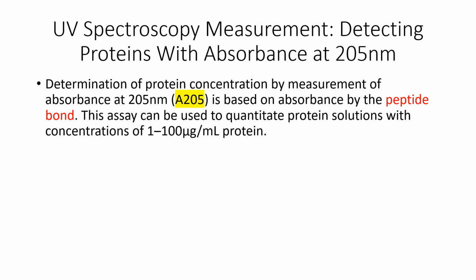This one is more universally applicable than the absorbance at 280, and the absorptivity for a given protein at 205 nanometer is several fold greater than that at 280 nanometer. Therefore, lower concentration protein can be quantitated with the absorbance at 205 method.